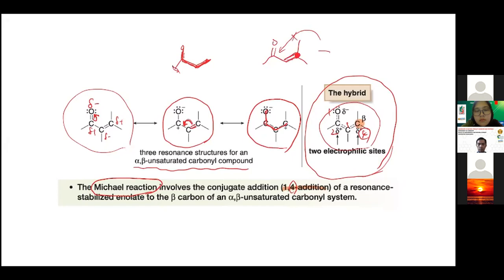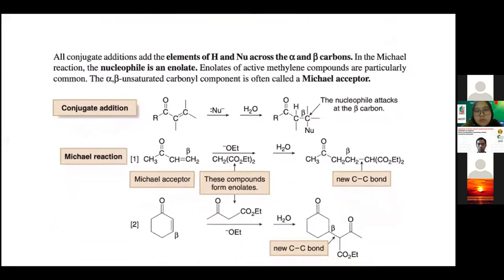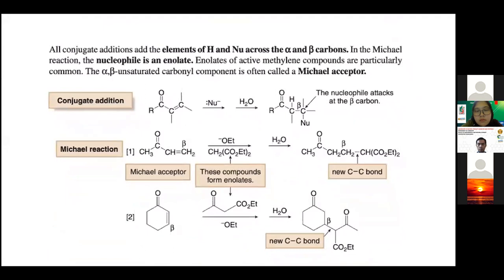So it is easily attacked here. Okay, next, the resonance structure.